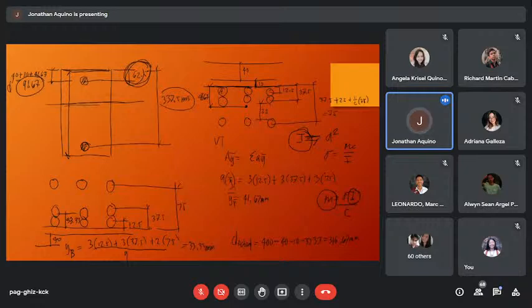So on the revised calculation, gagawin nyo namang 9 na. So yung top bars natin, 9, 25 yung bottom bars natin, 9 na 25 din. Okay? So gawin nyo na to as your exercise. Or maybe as assignment na lang. So I give you this one as your assignment, to be submitted today.